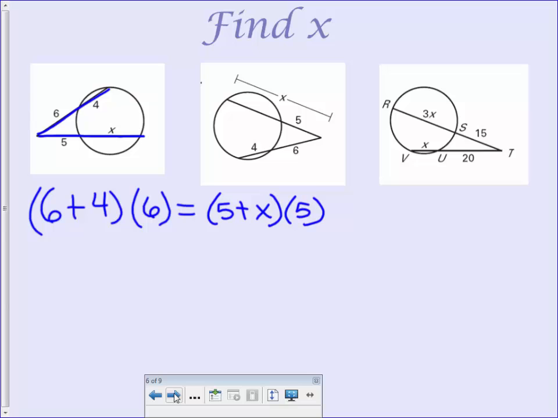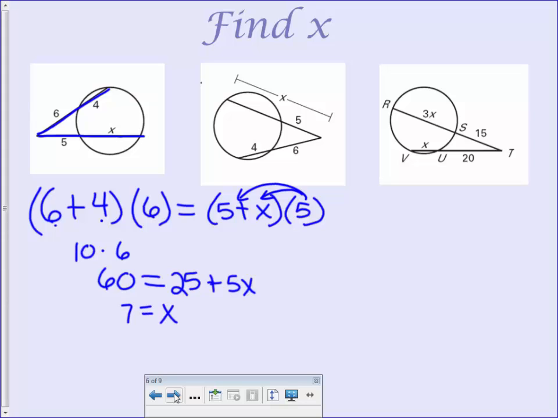Okay? So now I'm going to combine my like terms. I can actually do the math here. 6 plus 4 is 10. 10 times 6 gives me 60. And then we're going to distribute on the other side. So we get 25 plus 5x. All right. So if you solve this out, you should get that x equals 7.